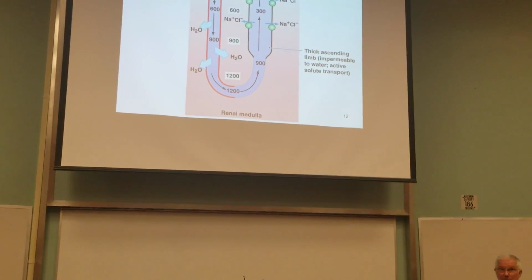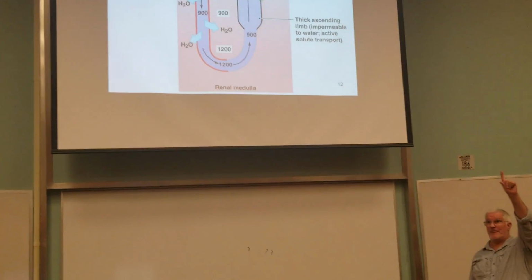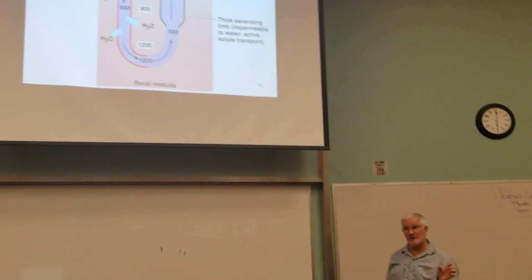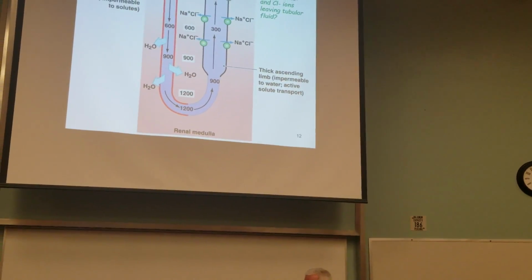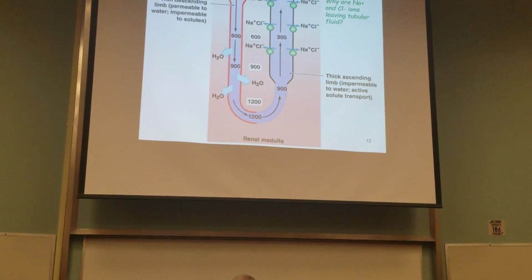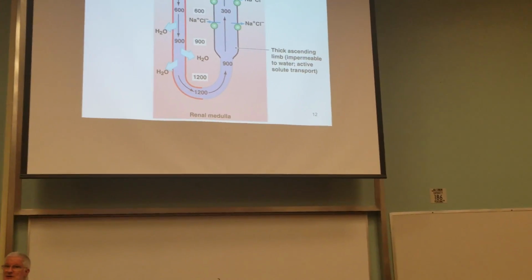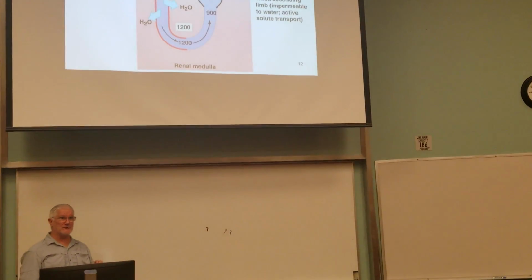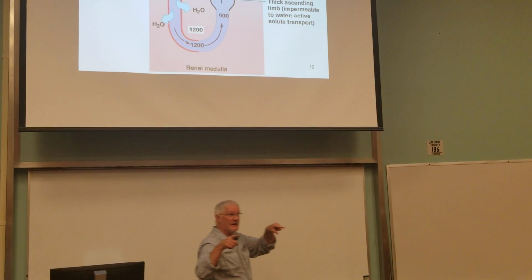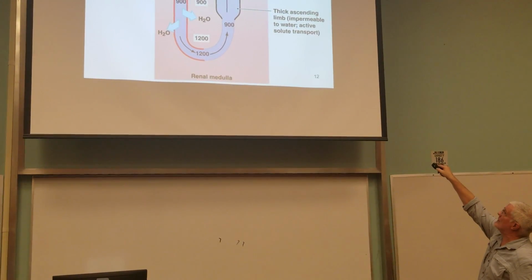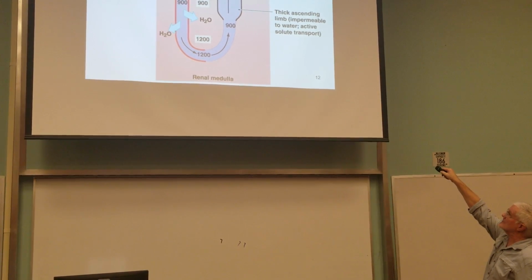But then we go up the ascending limb, and now we change the rules. In the thick portion, we're no longer permeable to water because we don't have aquaporins, but we do have symporters, transporters that remove ions from the filtrate into the neighboring tissues, and that's what creates the hypertonic environment to bring the water out.